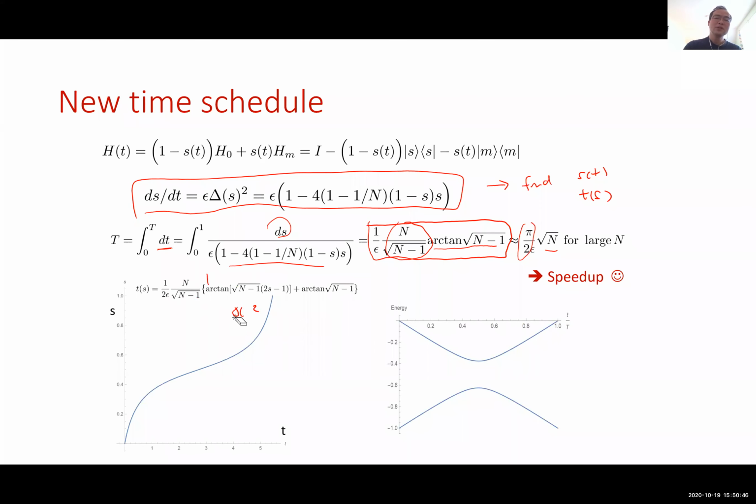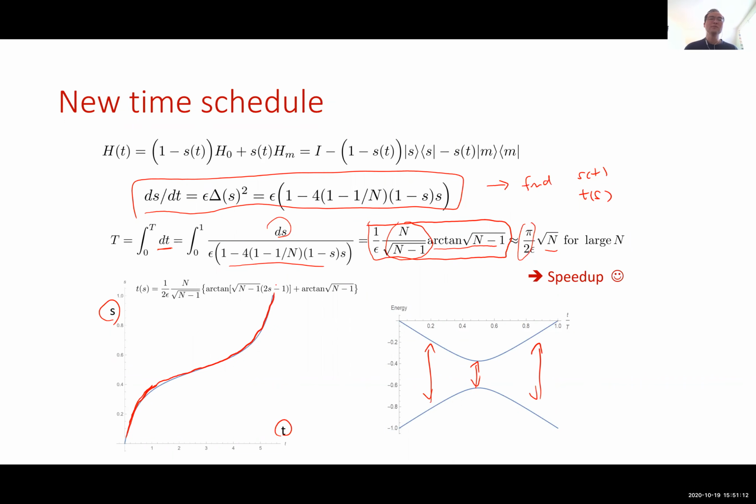Okay, so here is how the time needs to change. So you see that this is the gap. Okay, in the beginning is large gap, so we run faster, right? This is the real time, but our s, we're going to increase s very fast in the beginning, and we start to slow down in the middle and then speed up again.